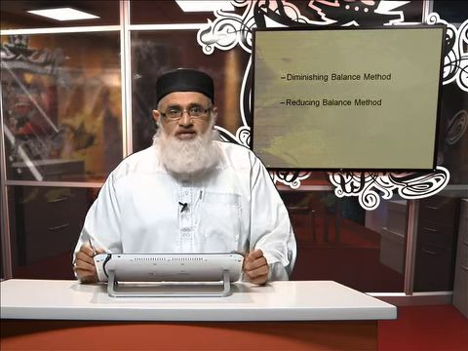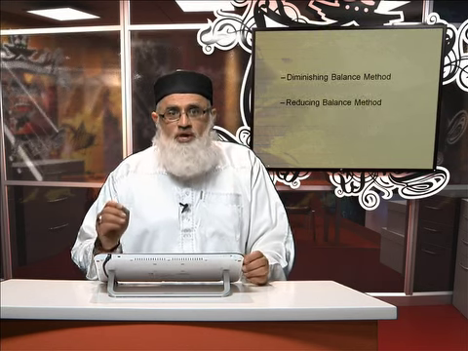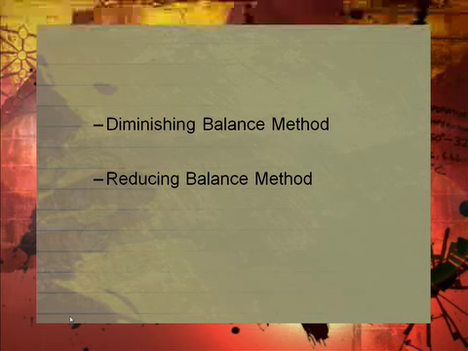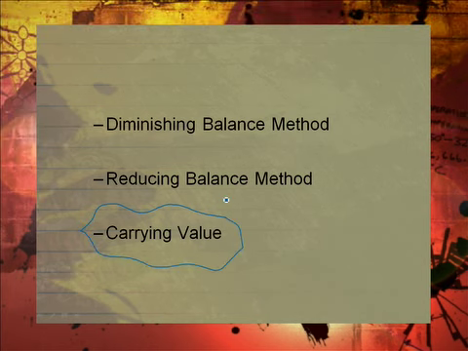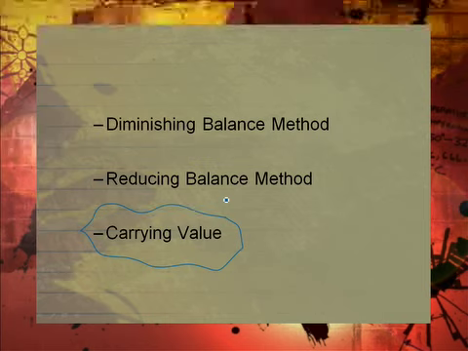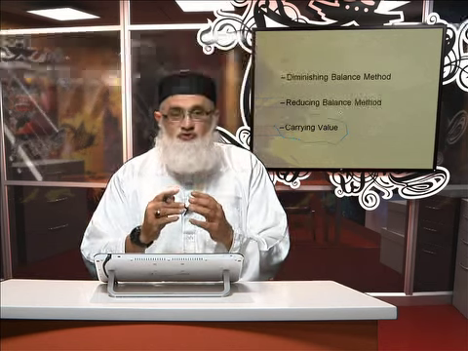The second method of depreciation is the diminishing balance method, sometimes referred to as the reducing balance method. What is critical here is that you are calculating your depreciation on your carrying value. Accounting learners, make a mental note that when you're working with the carrying value, you have to do something.